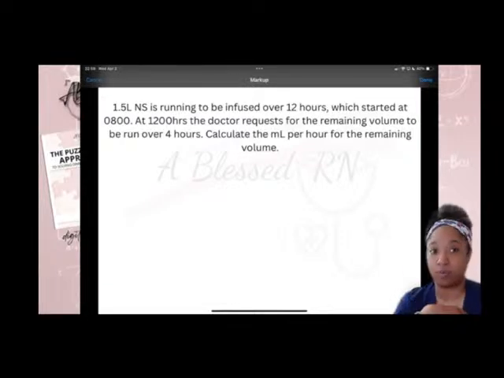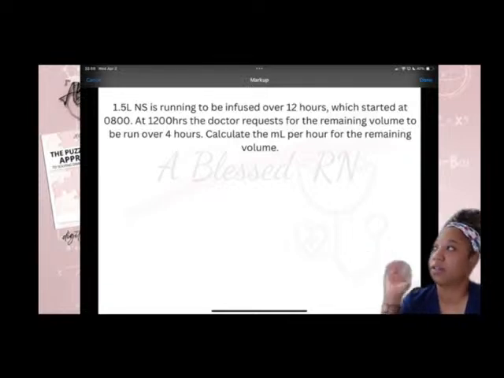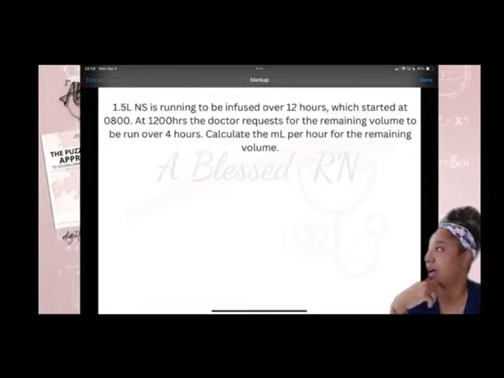Okay, because what I said we needed: multiplication, division, addition, and subtraction. So what did I say we needed? We're always going to need volume over time, right? So big hint. And they start that at 800 hours.